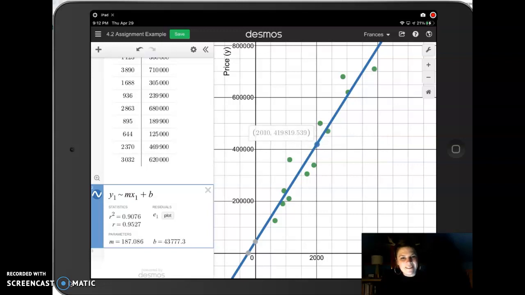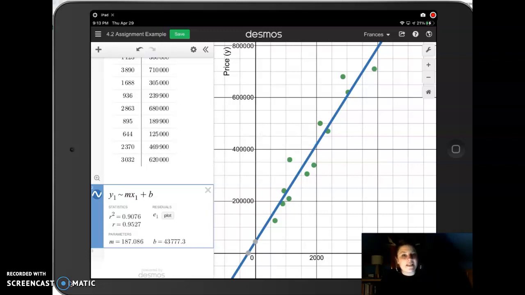Oh, there it was, 2,000. And we can see that it is pretty much the same as what we got. It might be a little different because we rounded, but it's just about the same. So we know that our answer is correct.